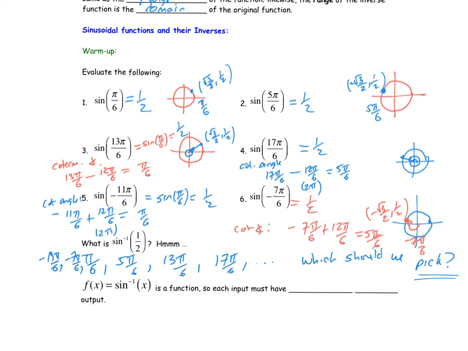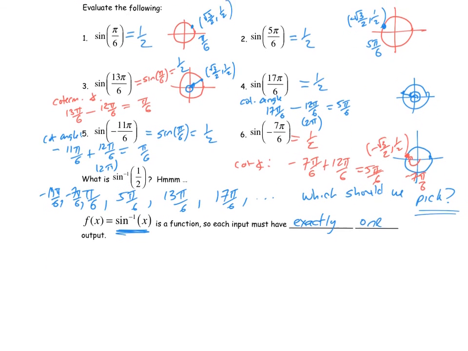For sine inverse, this new function that we're going to talk about, for it to be a function, each input must have exactly one output. That's the definition of a function. So how could sine inverse of 1/2 be all of these values? It can't, right?